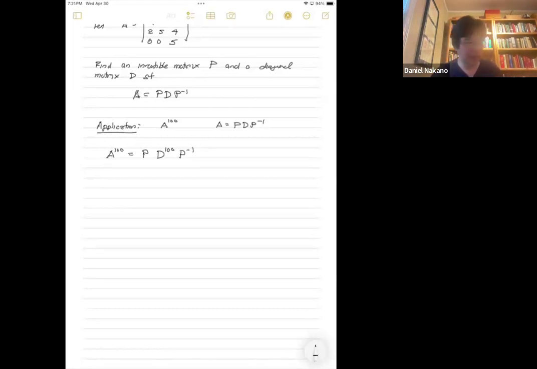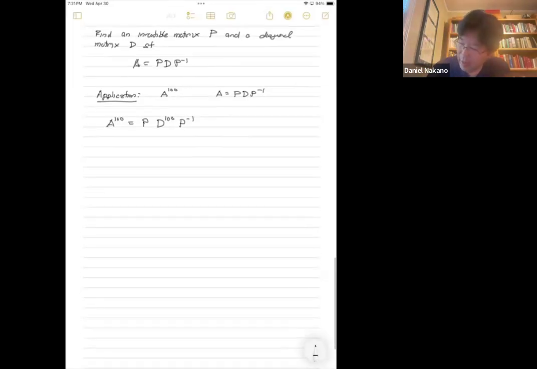The second application was the application involving difference equations. We did several examples of this. We found a formula for the Fibonacci numbers by using a difference equation.